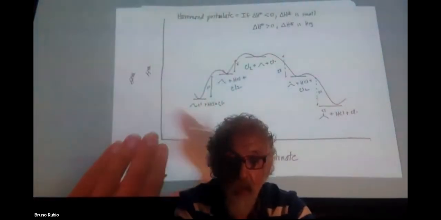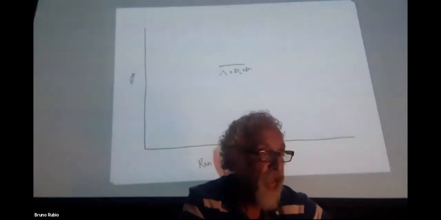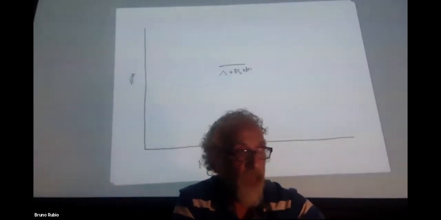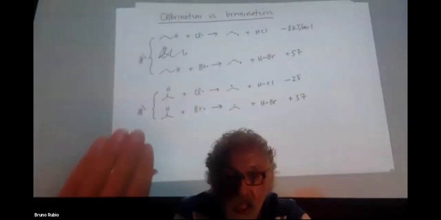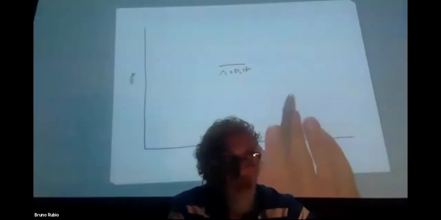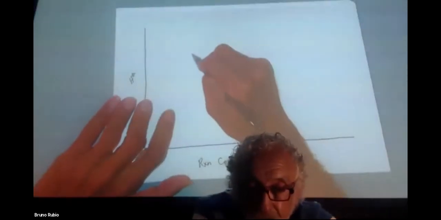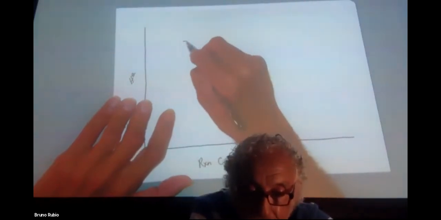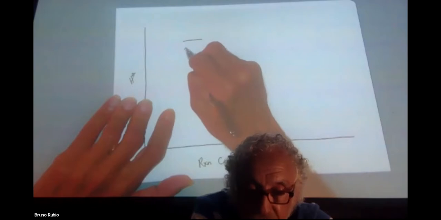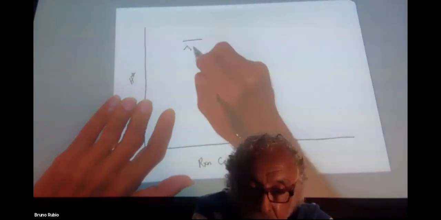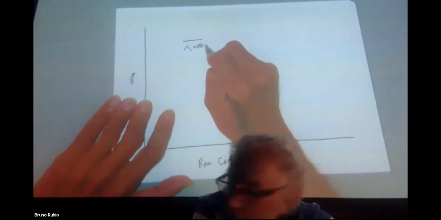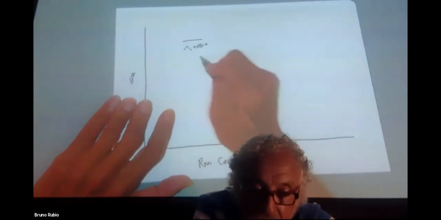And now to the left of this diagram, I'm going to put the 1-bromopropane numbers. For that first propagation step, I got plus 57. So I'm going up by 57. And who lives here? The primary radical plus HBr plus Br2.